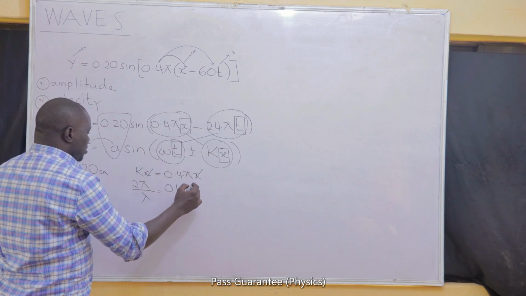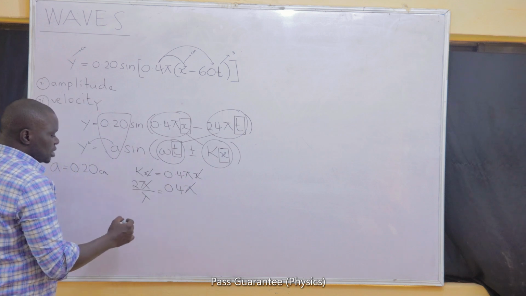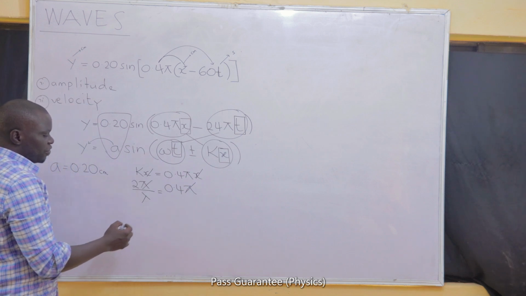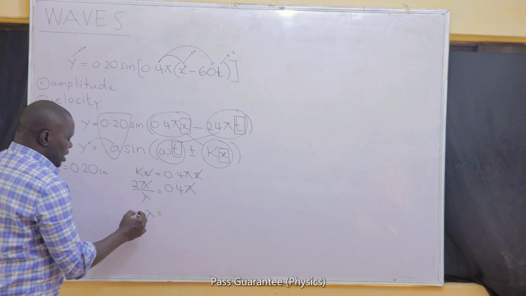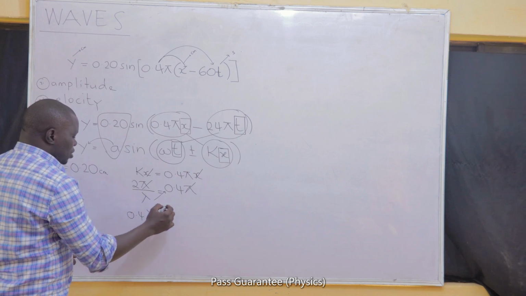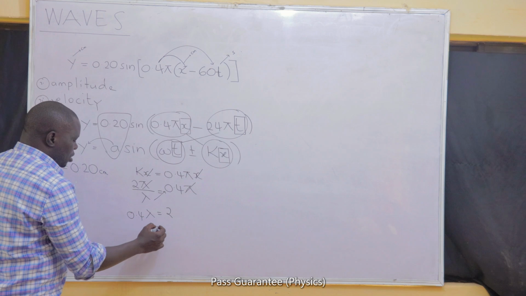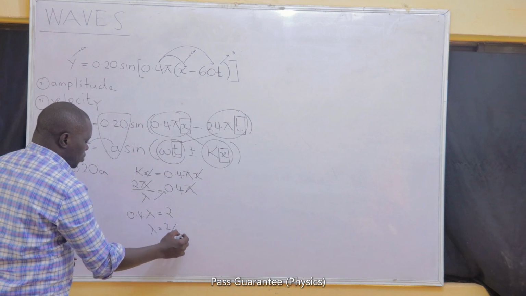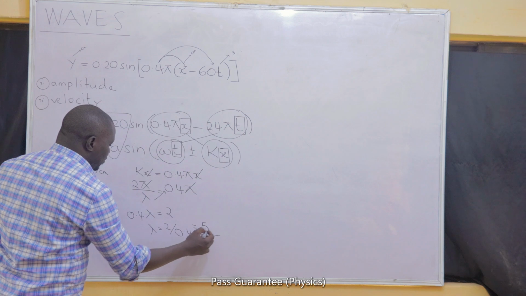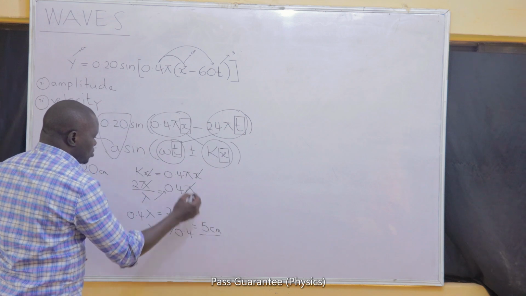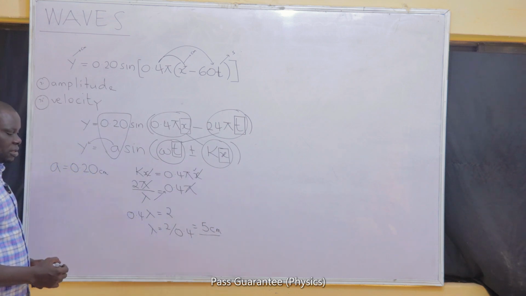If we divide both sides by pi, we'll cancel out this, and we can make lambda the subject of the formula. When we do that, if we cross multiply, 0.4 lambda is equal to 2, while lambda becomes 2 divided by 0.4. If we divide 2 by 0.4, we'll have 5 in centimeters, because it must also have the same unit as your x.